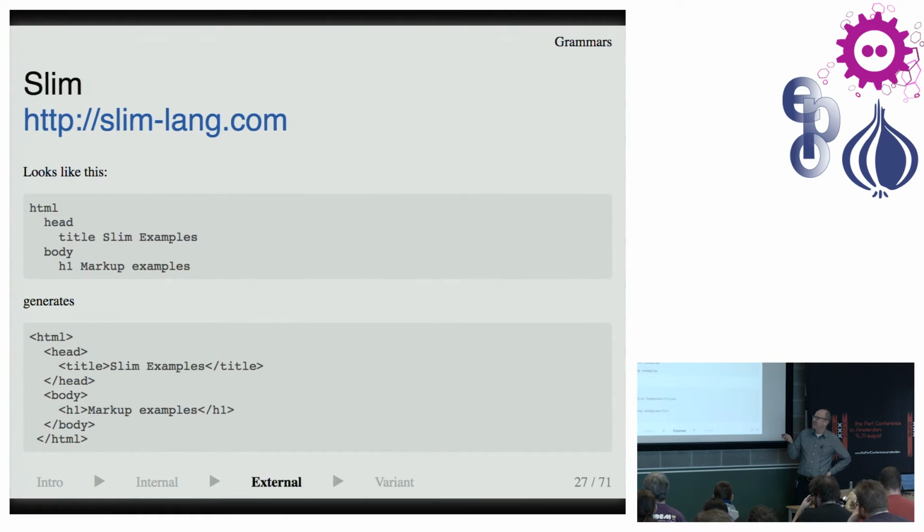It has html here, and then you indent a little bit, you get head, indent a little bit more for title, then you can go back for body, and so it's very terse. It's actually kind of nice because you can type things out, you just indent, and then instantly this nested HTML comes out of it. You don't have to type any angle brackets, and so it's actually pretty cool.